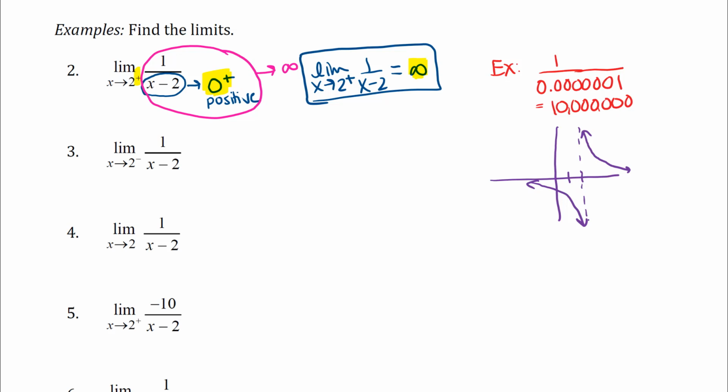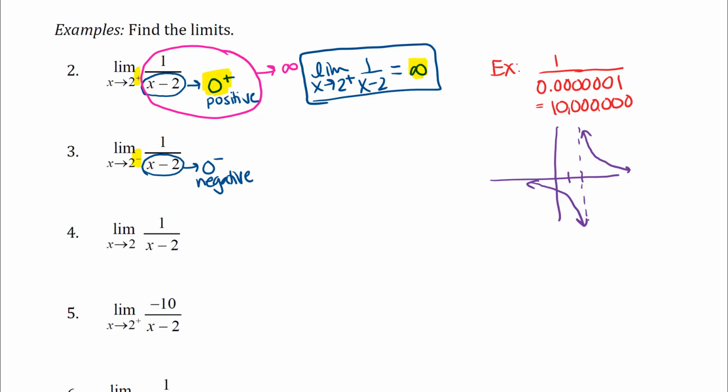Okay, next one is the same function, but the denominator is going to be negative. In this case, we are approaching 2 from below, so we'll be plugging in numbers like 1.9, 1.99, if you want to think about that numerically. The denominator will be approaching 0, but on the negative side of 0.